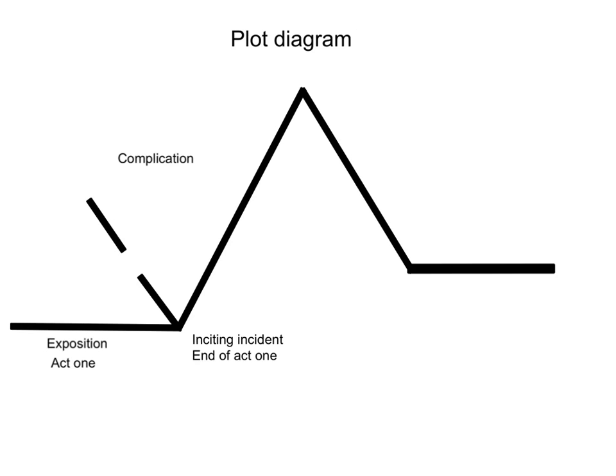Some of you may have referred to it as the rising action, which is not altogether wrong, but for our purposes in class, we're going to be calling it the complication. At the very top, we achieve the climax. The complication is associated with Act 2.